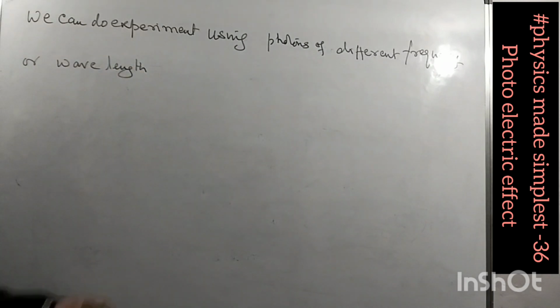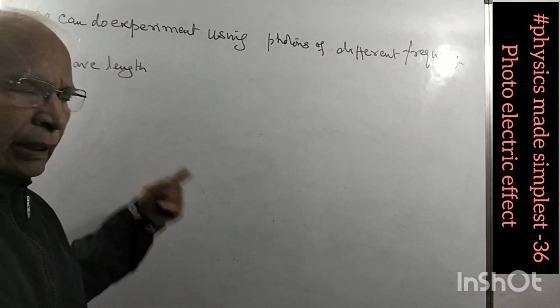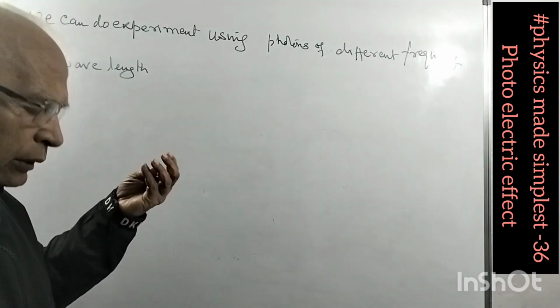Means we allow the different wavelength light to fall upon the cathode plate, and we measure the photocurrent.